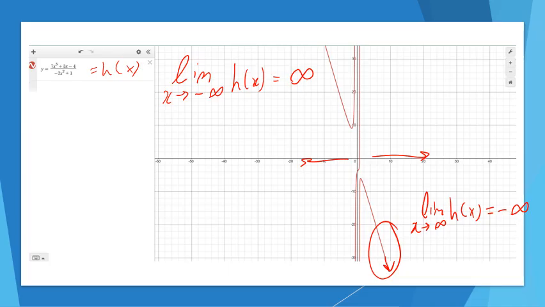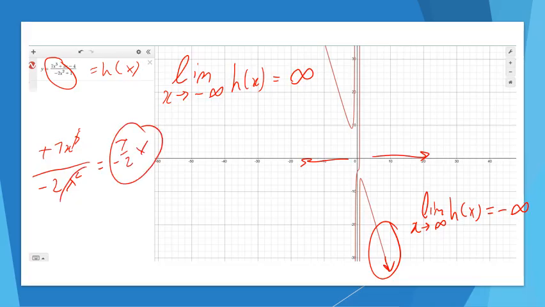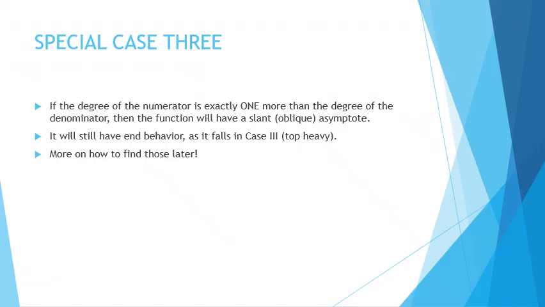So remember, when you have a top-heavy function, just simply simplify the leading terms as much as possible. So here we get negative 7 over 2x, and then find the end behavior of that polynomial. That will always be the case for any top-heavy function.